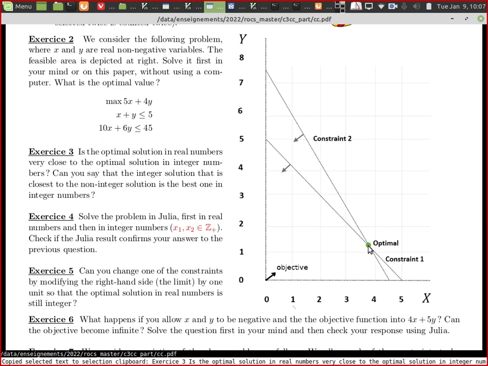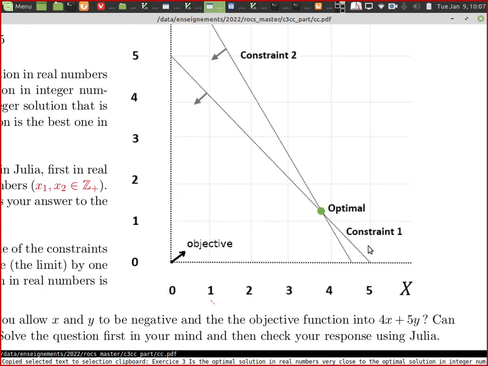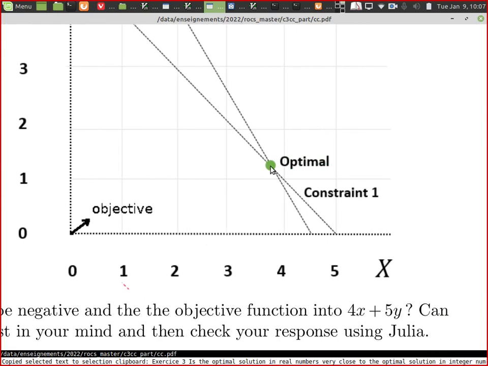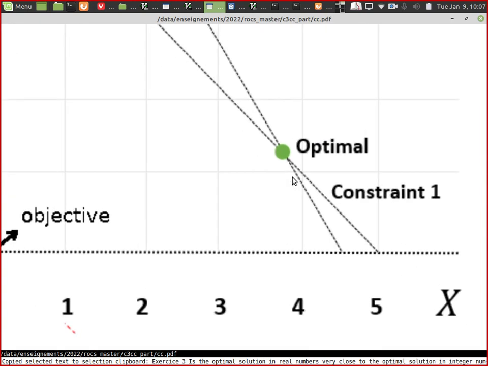So what can it do in such a case? Let me focus on the feasible area. So this is the optimal solution in real numbers. Pay attention. Can it return this point? No. This does not satisfy both constraints, because the feasible area is at the left of these two lines. But it can give me as a solution either this or this, the integer values, you see?